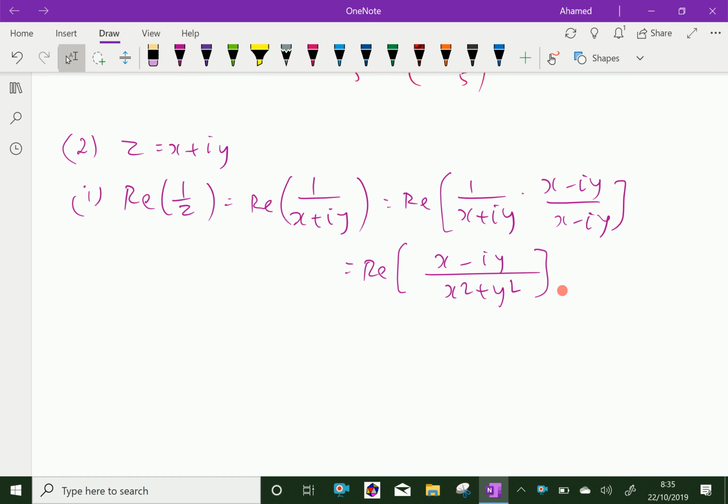Here the real part of this complex number is x over x square plus y square.